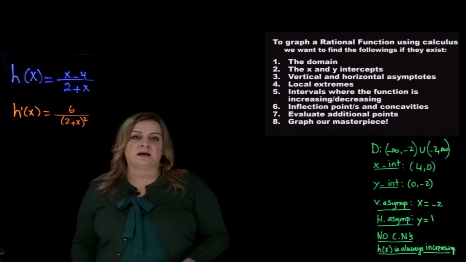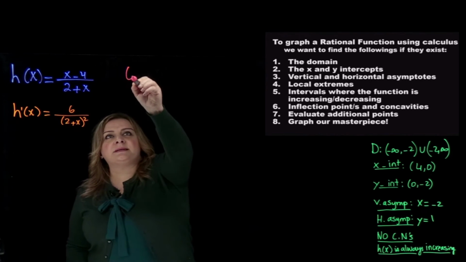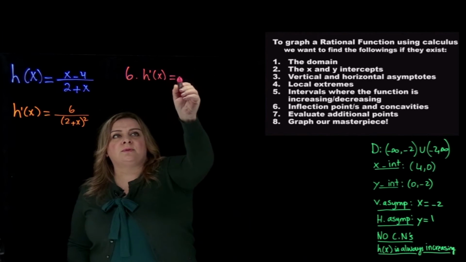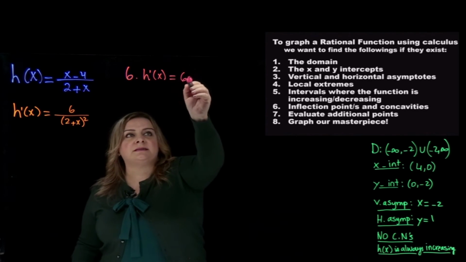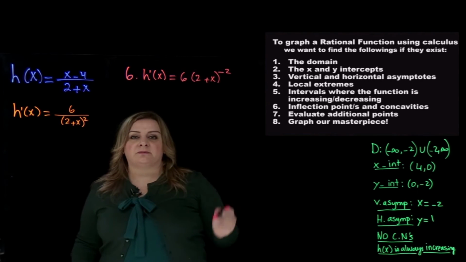But first, I want to rewrite h prime of x with a negative exponent, which is 6 times 2 plus x raised to the power of negative 2.